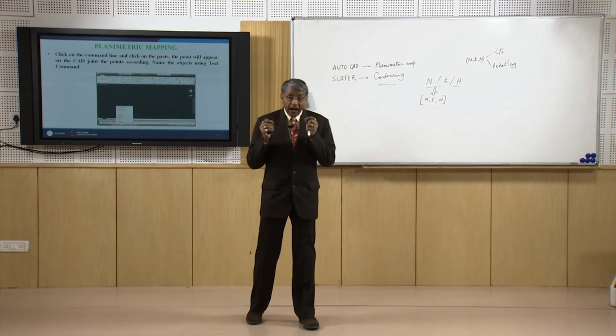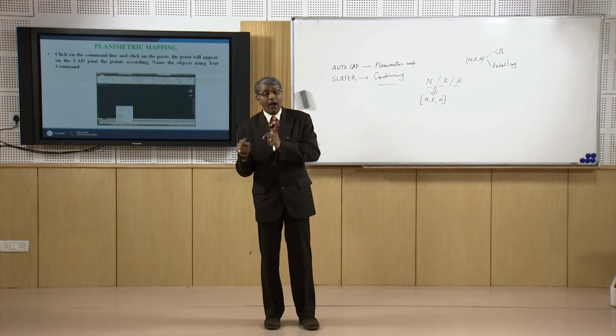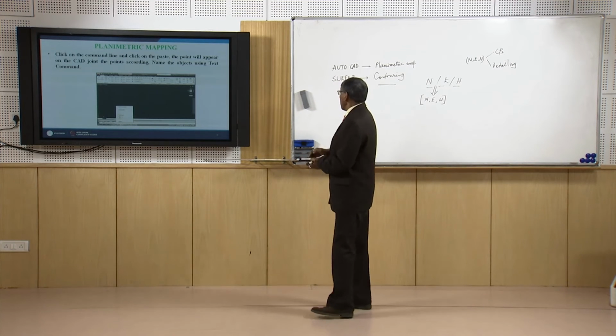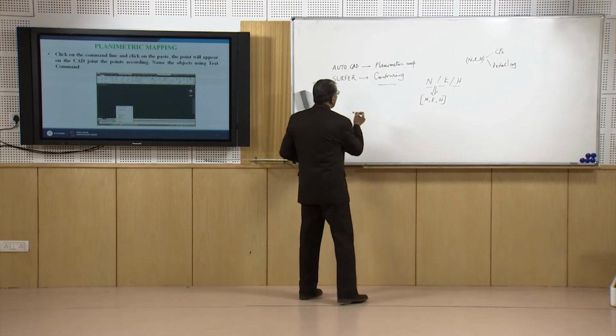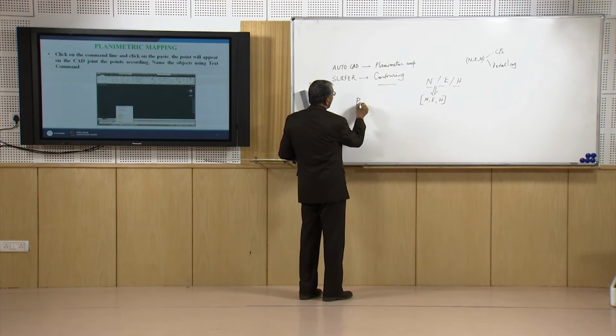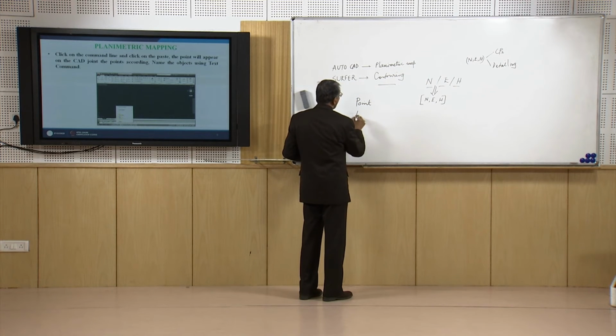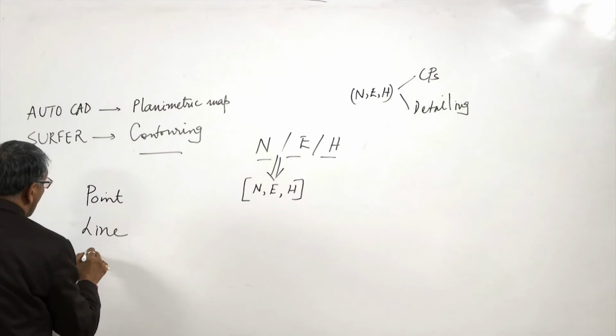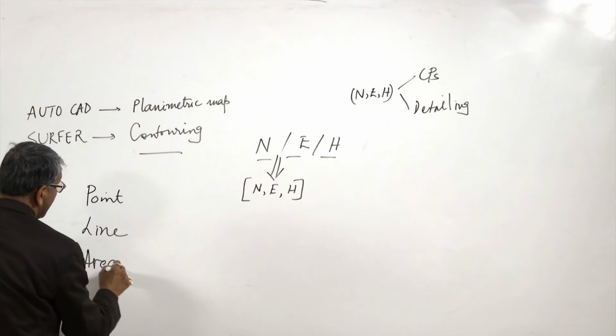Then we have to identify each and every point, and we have to classify whether the points belong to a point object, a line object, or an area object.